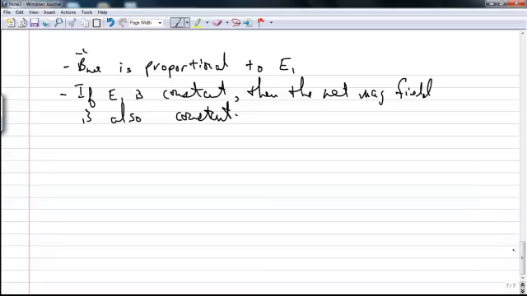Now, in reality, E1 is not constant. It varies as the load changes, and this is because R1 and X1 will cause varying voltage drops with different loads. But these changes in voltage drop are relatively small. So for this analysis, we're going to consider that E1 is constant.